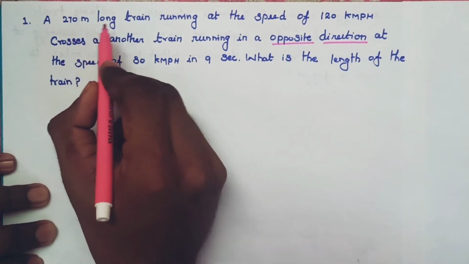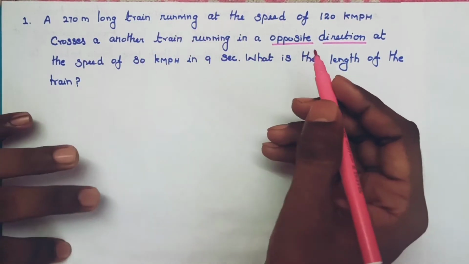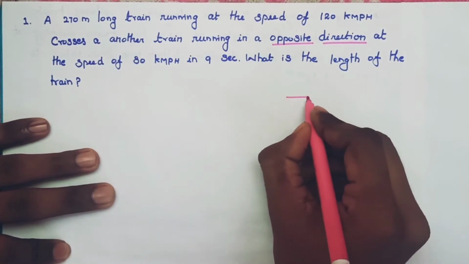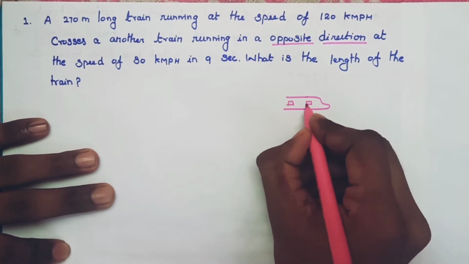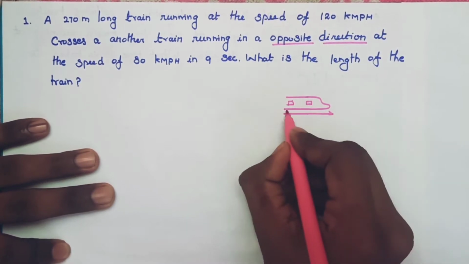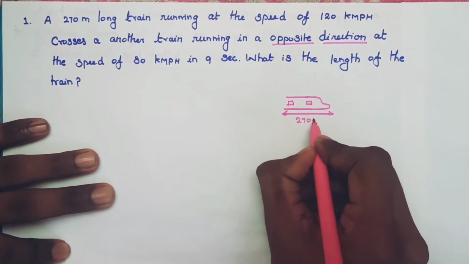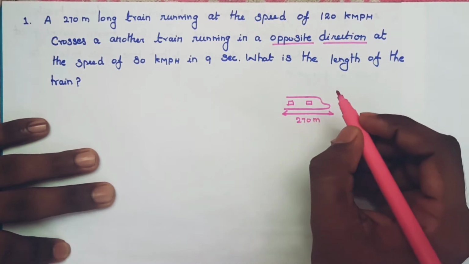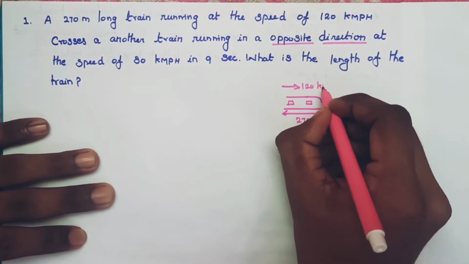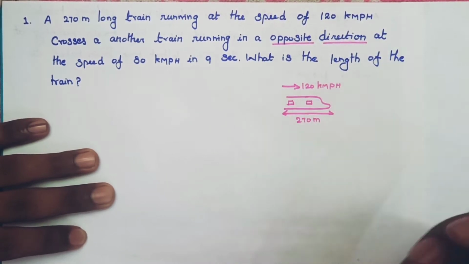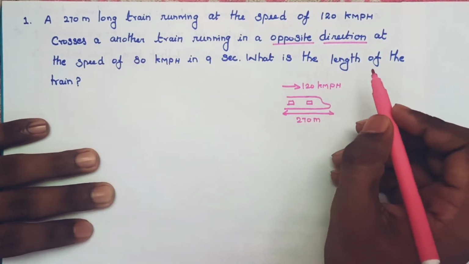So first, a 270 meter long train running at the speed of 120 km per hour, right? It crosses another train in the opposite direction.